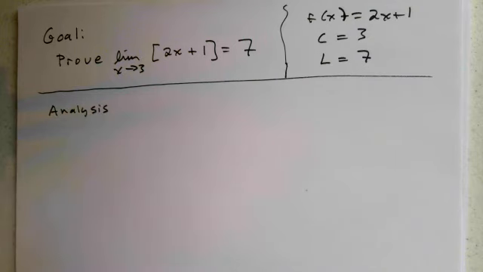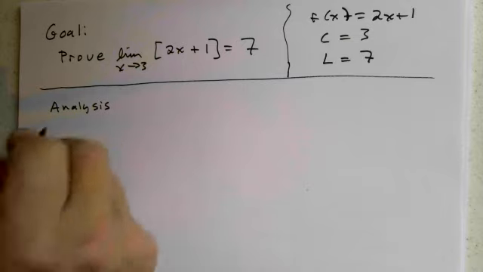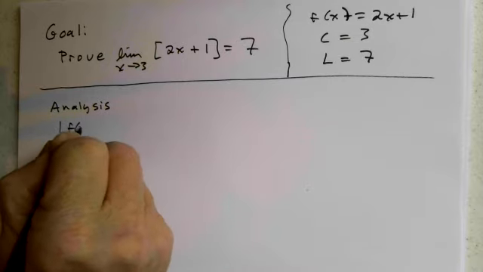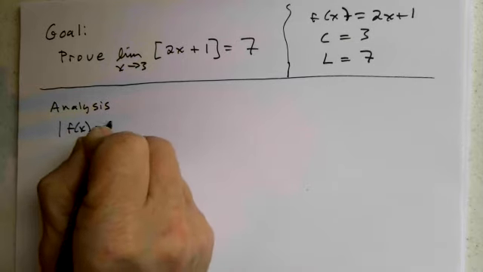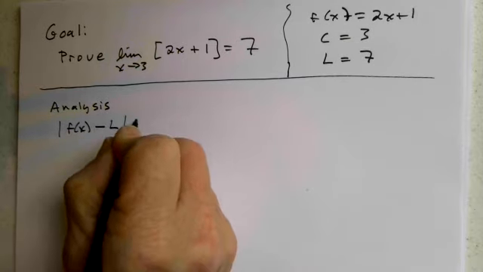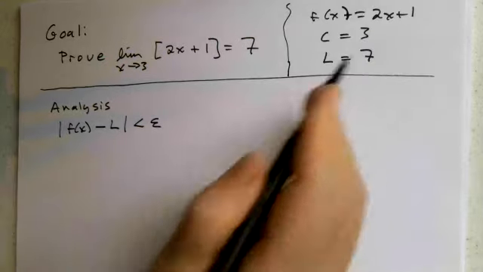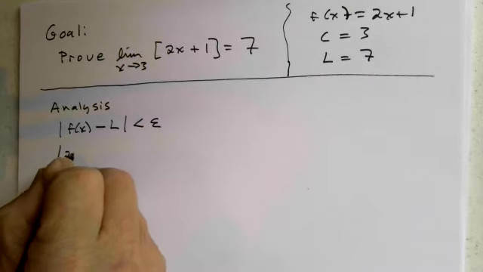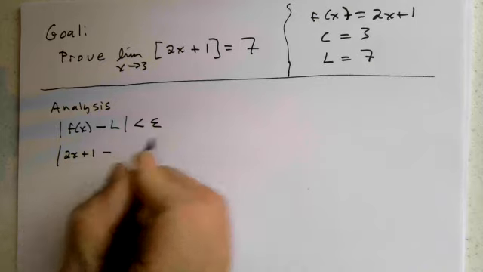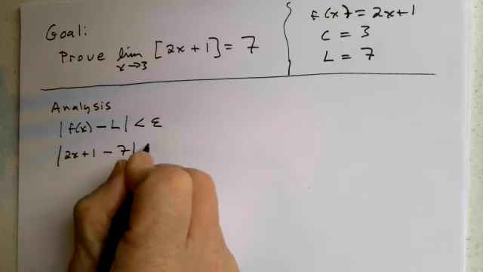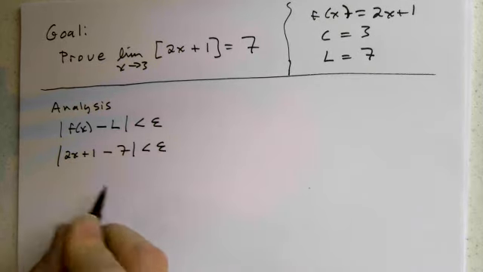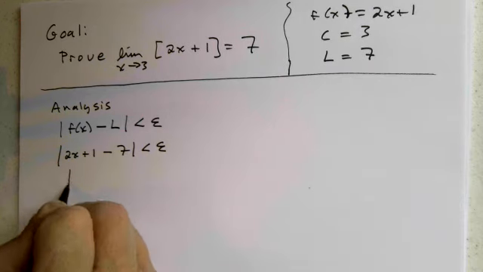This will give us the roadmap to build the proof. So I start with where I want to conclude. I want to conclude with absolute f of x minus L is less than epsilon. F of x is 2x plus 1 minus L, minus 7, is less than epsilon. Plus 1 minus 7, minus 6.